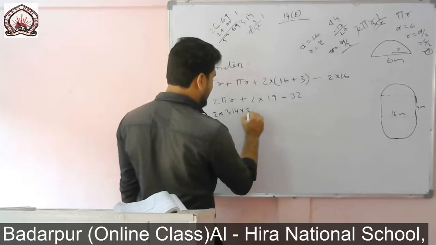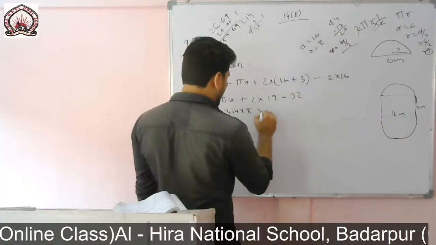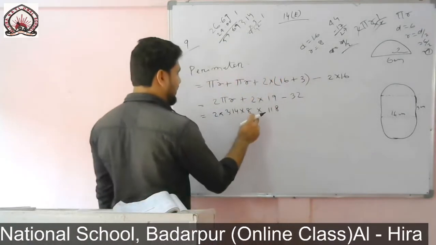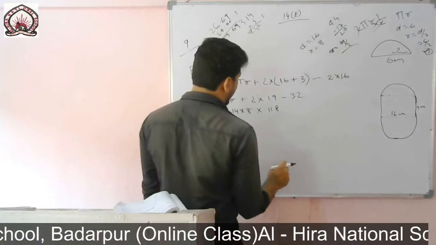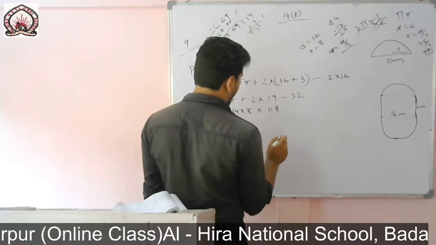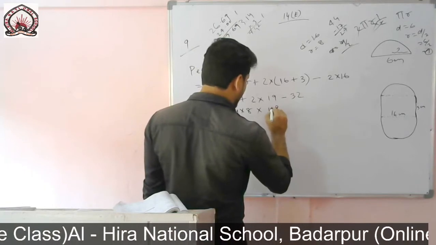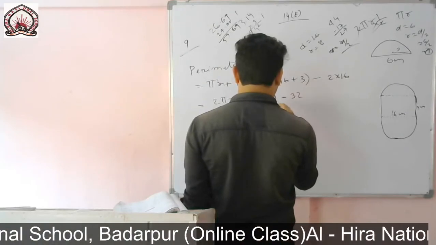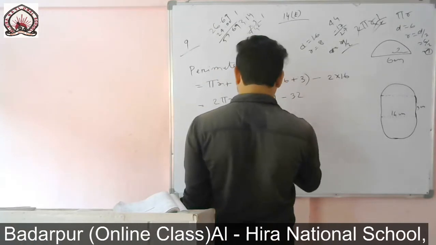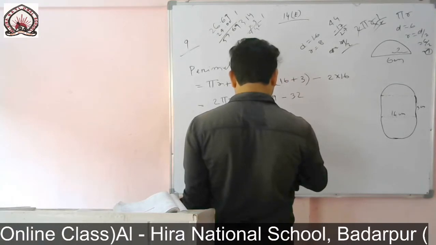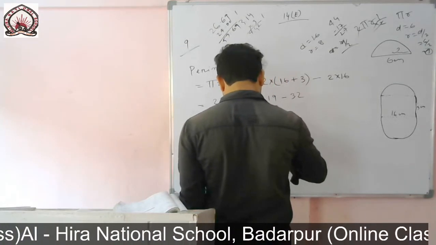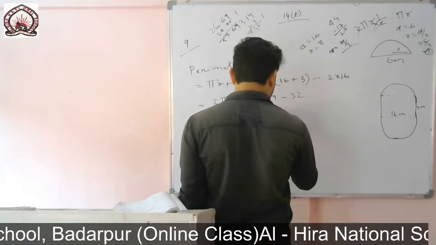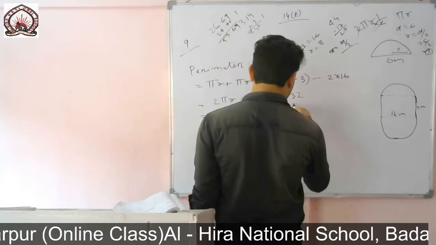So you can write 8 into 2 times 19, 38, minus 32.